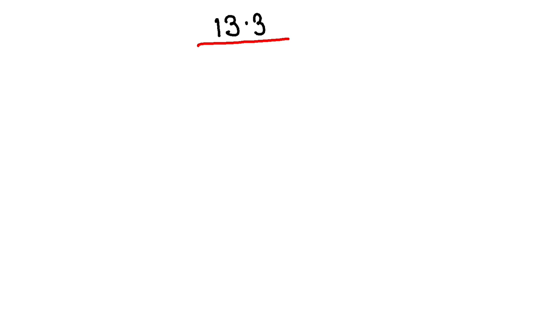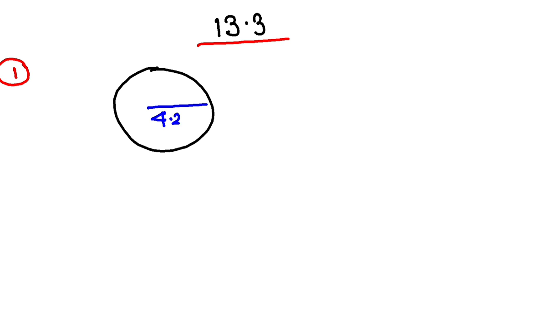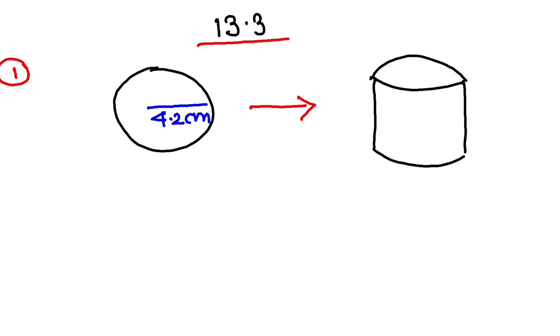So the very first question is that there is a sphere and the sphere has a radius of 4.2 centimeter. This material is taken, and out of this material we have constructed a cylinder, and this cylinder has a radius of 6 centimeter.